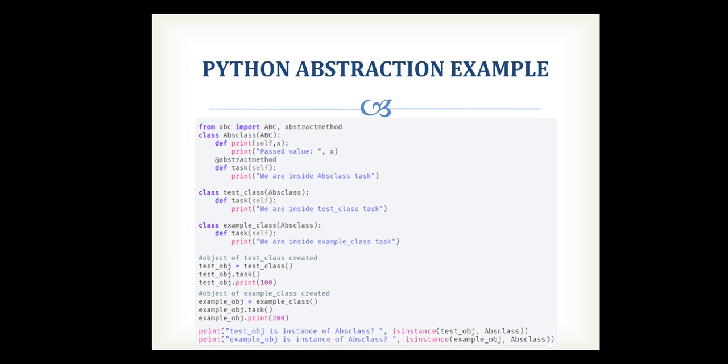After that we specify two print statements: test_object is an instance of an abstract class, and example_object is an instance of an abstract class.